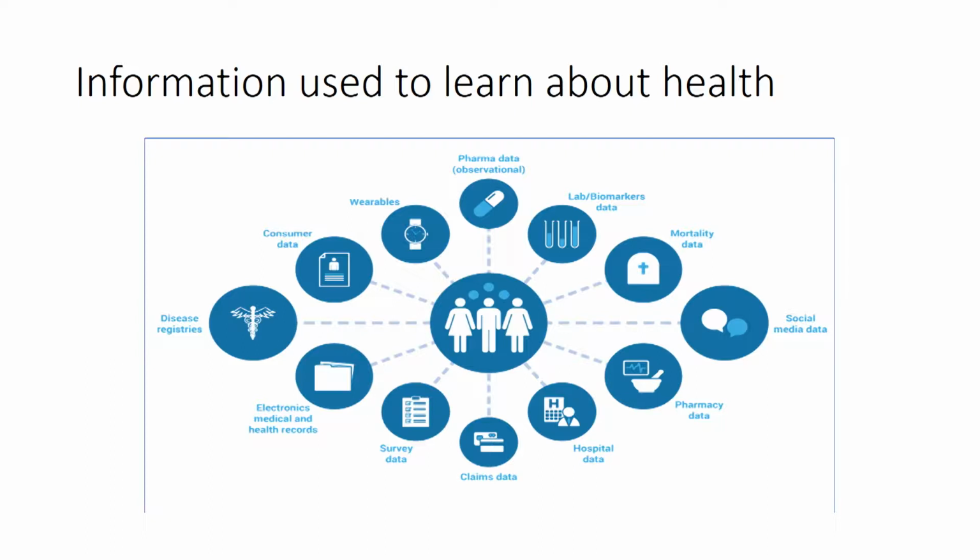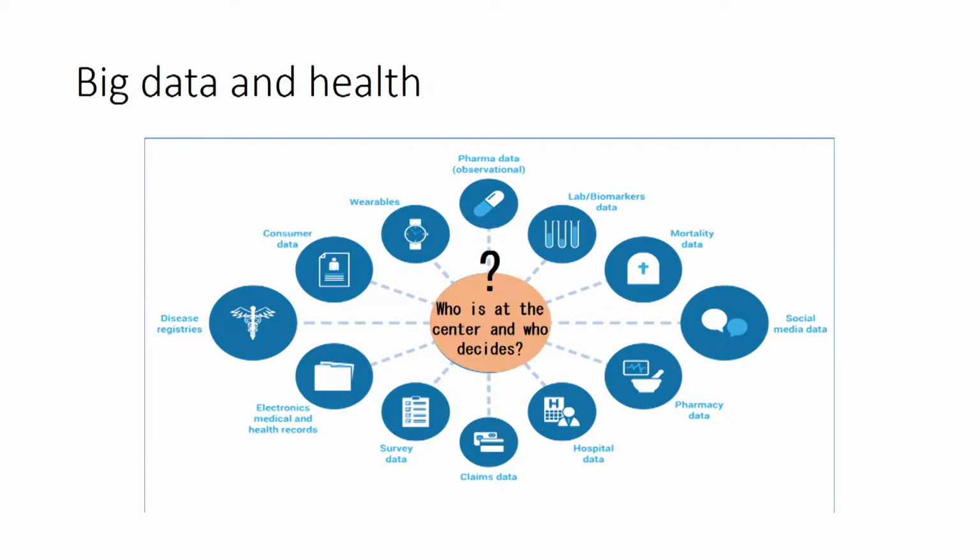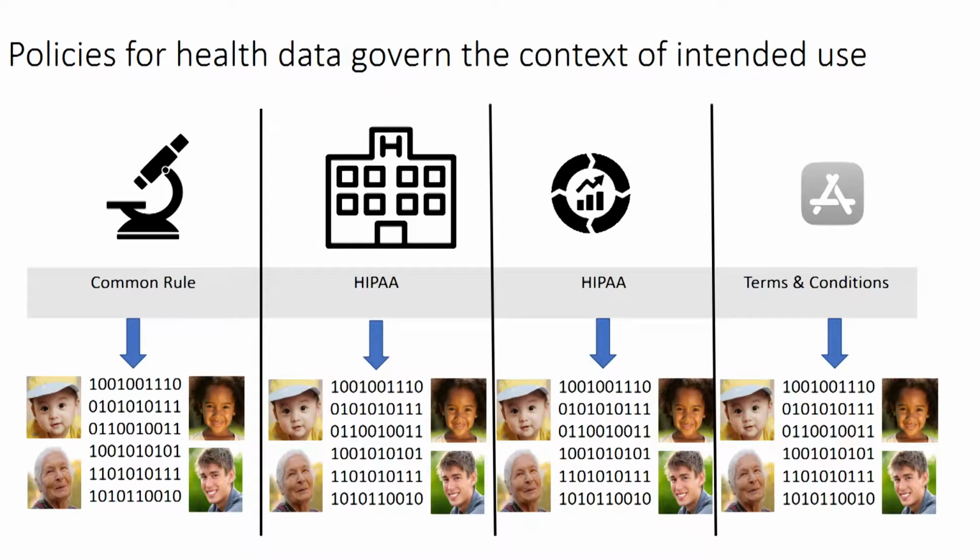It can be the notes in the electronic health record, or it can be actual samples from who you are. The vision of health information that's often cited is the patient being at the center of this, but who really is at the center and who decides how this information is shared and used is, I think, going to be a theme of the things that we hear today.